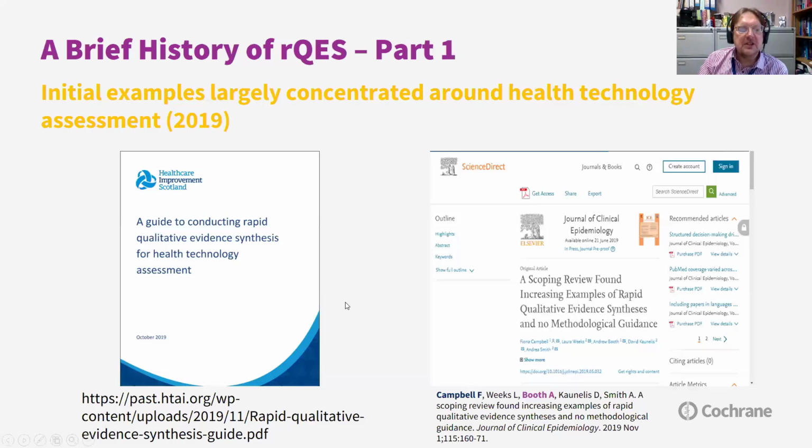At about the same time, in an article led by my former colleague Fiona Campbell, in collaboration with CADTH, the technology agency from Canada, we reviewed the existing examples of rapid QES so that we could see what they had in common, what methods they used. And so this was very much an audit of what was currently going on. And what we identified at that time was a lack of methodological guidance.